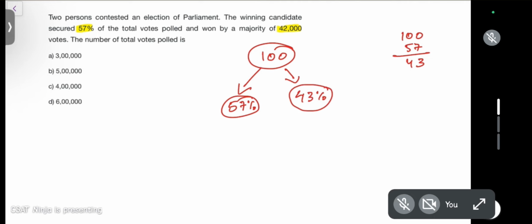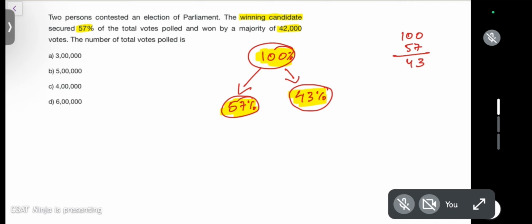I'll repeat again. In a town, there is 100%. From this 100%, the winning candidate secured 57% of the votes, which means the remaining 43% is the vote secured by the one who lost the election.